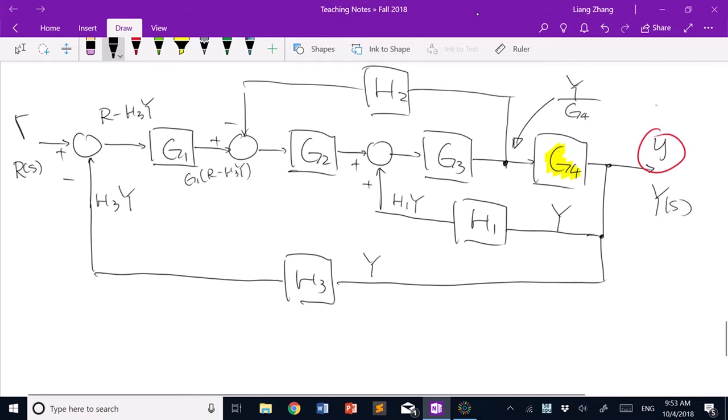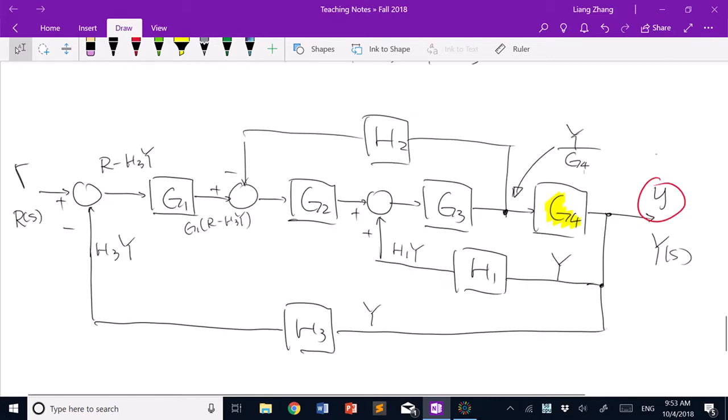If the input is Y over G4, then the output will be Y divided by G4 times G4, which is Y. So we know the output signal, we know the transfer function, so we can also figure out the input to this. And if this is Y over G4, that means the input to H2 is Y over G4, so the output of this H2 block will be H2Y over G4.